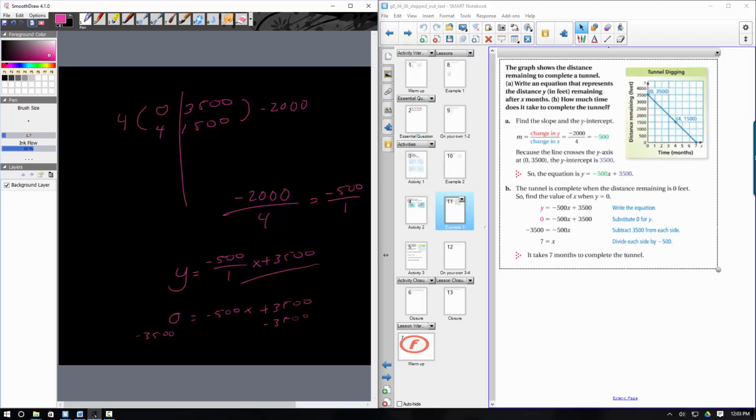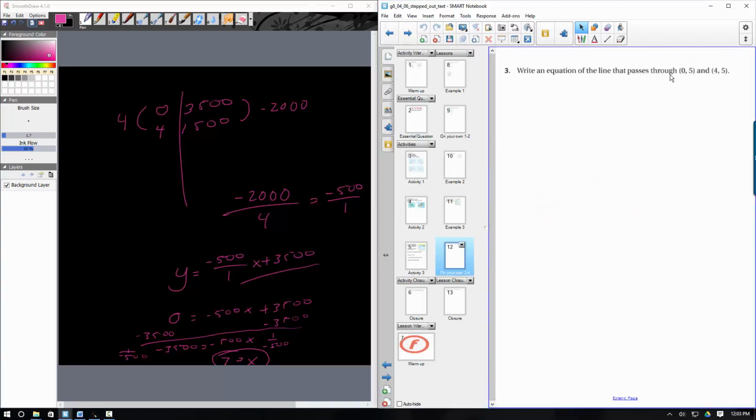I mean, of course, you could just look at the graph too, but we're going to do this algebraically as well. So negative 3,500 equals negative 500x. I have to do the multiplicative inverse, which is 1 over negative 500 on both sides. And negative 3,500 divided by negative 500 is x equals 7. So at 7 months, it will be equal to 0. So that's what that is.